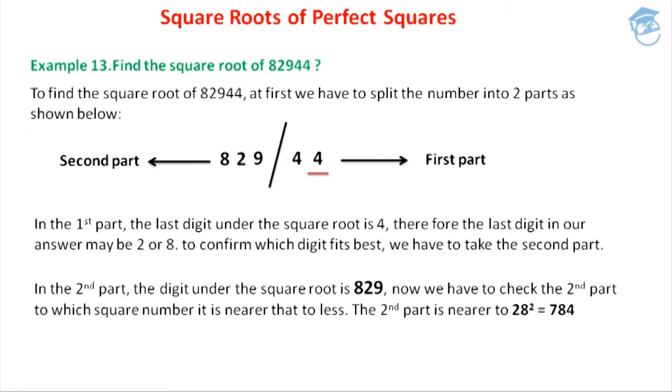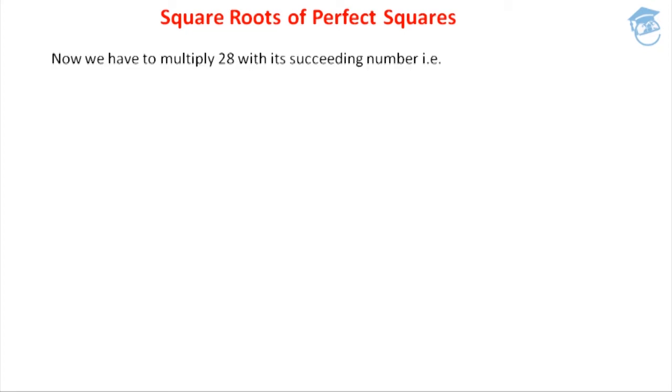So now we take the number 28, and we multiply it with its succeeding number, that is 29. If you multiply 28 with 29, you get 812. After getting the product 812, you have to make a comparison between the second part and this number.